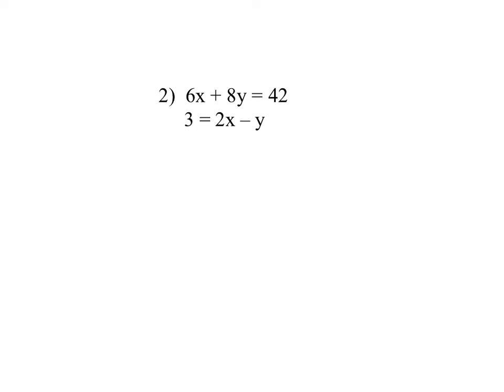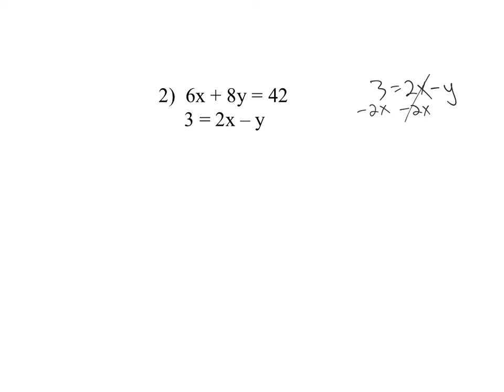Looking at one more example. Here we notice that out of these four variables, the one that we want to get by itself is going to be this y in the second equation, since it does not have any coefficients. So when I go to get that y by itself, here I want to take this equation, 3 equals 2x minus y, get the y by itself by subtracting 2x from both sides.